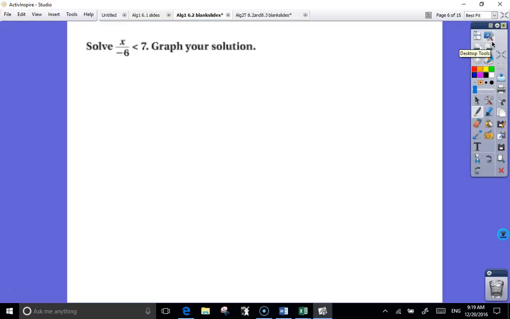Okay. x over -6 is less than 7. What am I going to have to do to solve this one? I got to multiply by -6. But when I multiply by a negative number, that means flip the sign. Now, personally, if I write -6 times -6 right away, at that moment it's wrong because my symbol's still that way.